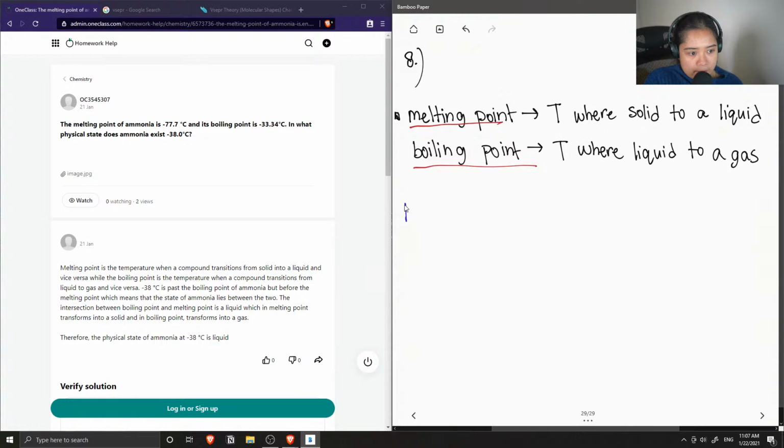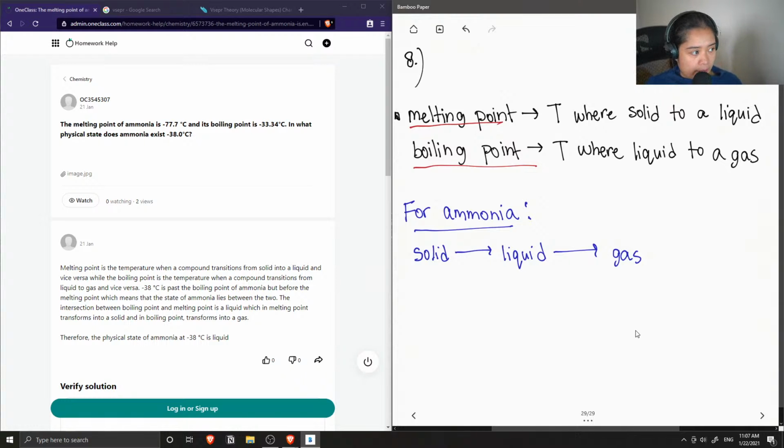Okay, so now let's look at ammonia's melting point and boiling point. And then I'll just break down 3 different states: solid to a liquid, then to a gas.